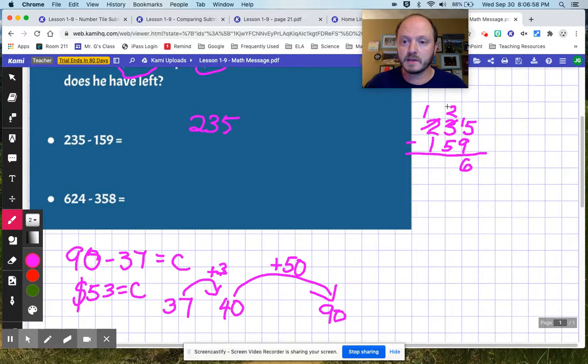And the 10 tens I'm going to put with these 2 tens. So now I have 12 tens. 12 minus 5, I can do that. 12 minus 5 is 7. And now I have 1 minus 1, or 100 minus 100, which would be 0, but we don't write that in the front of it. So 76 is our answer.